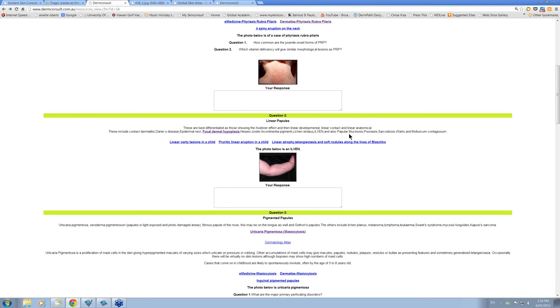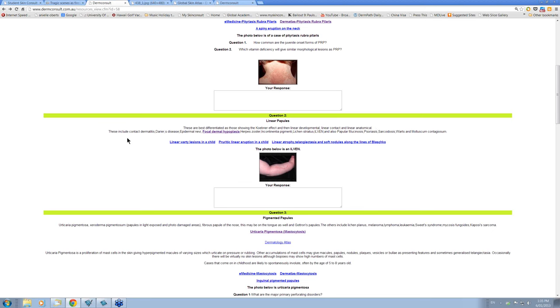Remember, plant contact dermatitis typically gives that streaky linear blistering eruption. Or is it linear anatomical because of anatomical features, such as the lines of Blaschko, which are embryonic structures, or something along dermatomal lines along peripheral nerves, such as herpes zoster, which is linear anatomical.